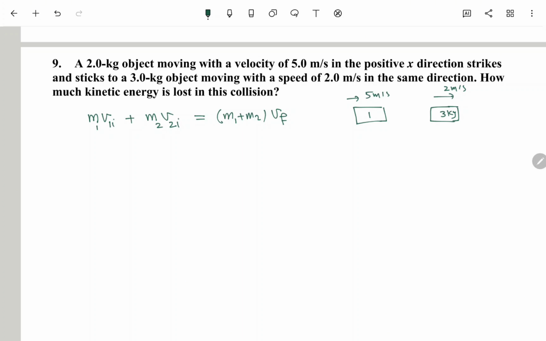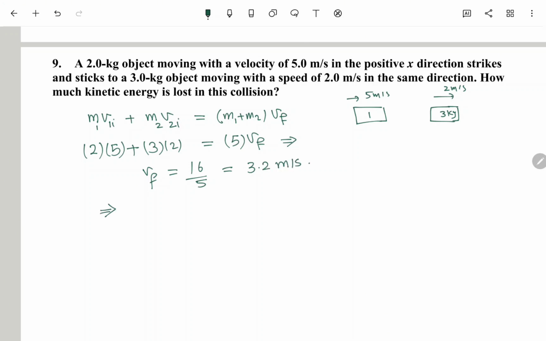Now you substitute the numbers. 2 times 5 plus 3 times 2 is equal to the masses, 2 plus 3, which is 5, times V final. After all, V final will be equal to 16 over 5, or 3.2 meters per second.